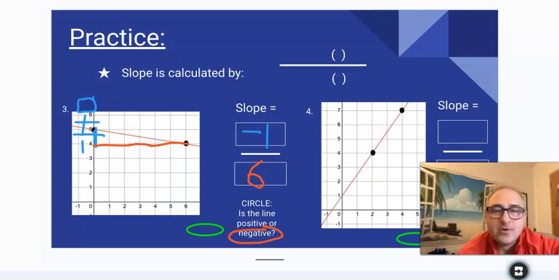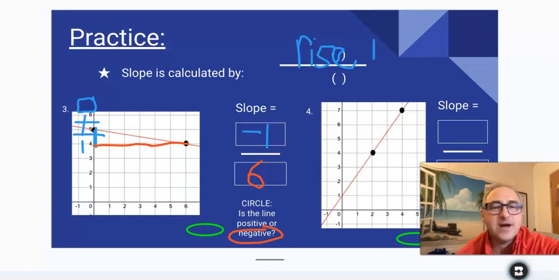I'm going to talk about rise and run here again really quick so I don't mix myself up. Again, the top number in our fraction is our rise. It's how quickly it's going up versus down. Notice I have blue over here using top teacher behavior by color coding my rise words. Rise is in blue.